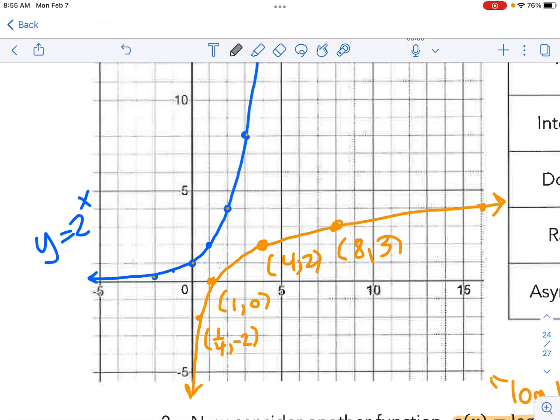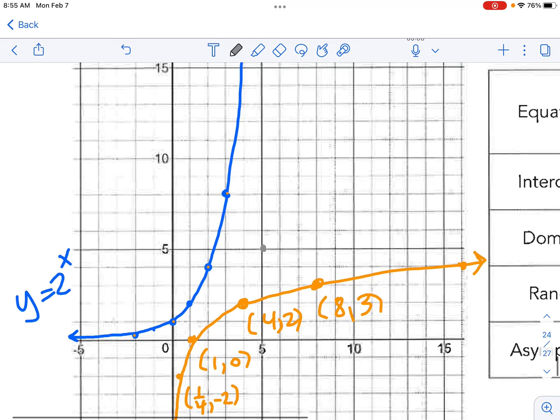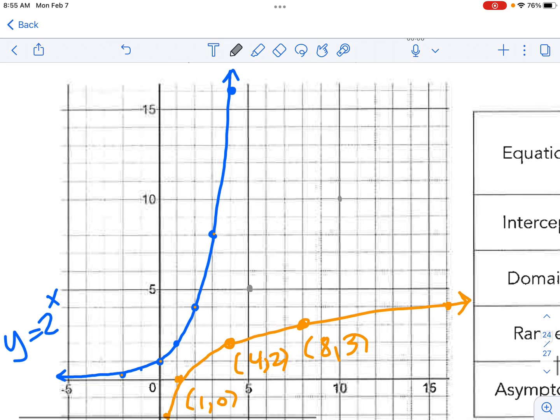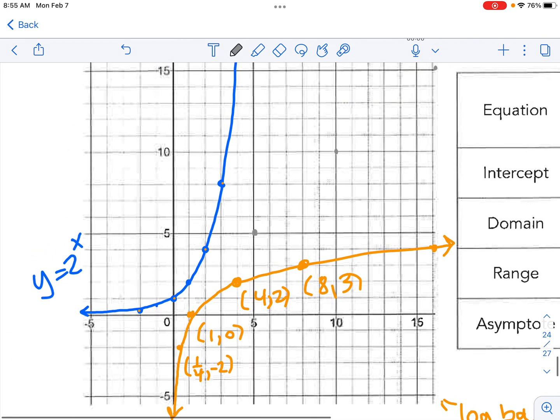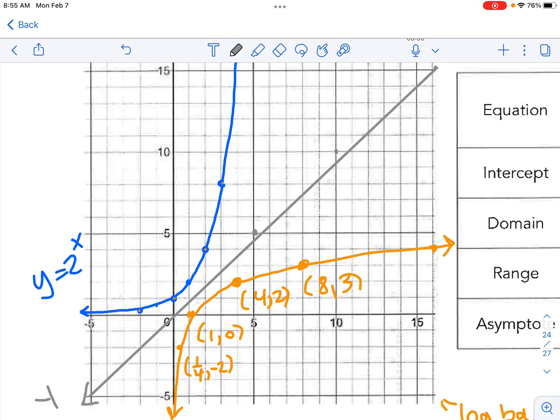If we add the line y equals x, I'll add that in gray like it was on the graphing calculator. y equals x is where x's and y's are the same, right? 5 comma 5, 10 comma 10, 15 comma 15, 0 comma 0.